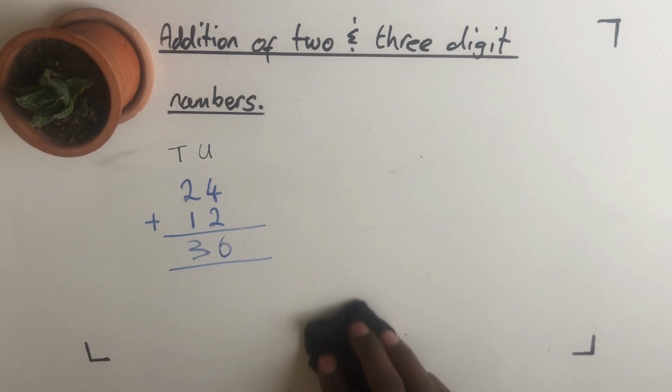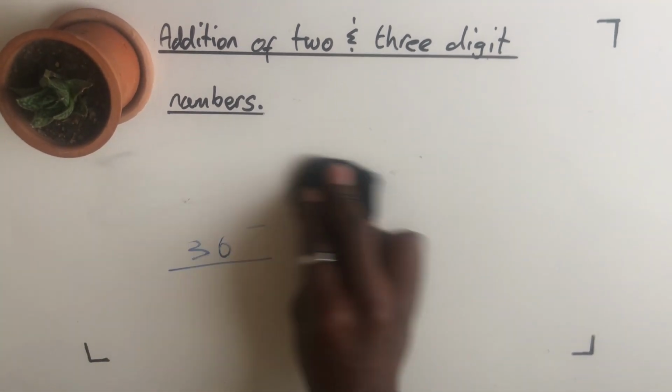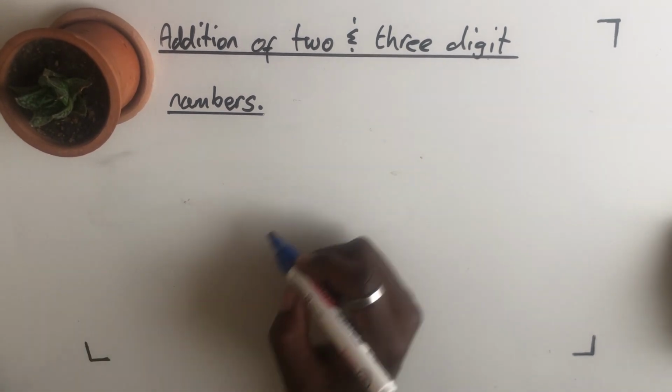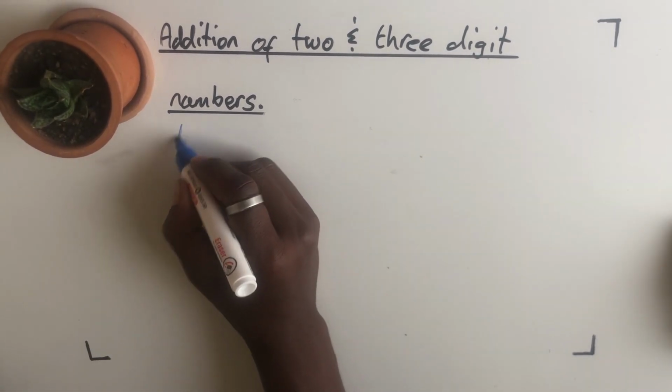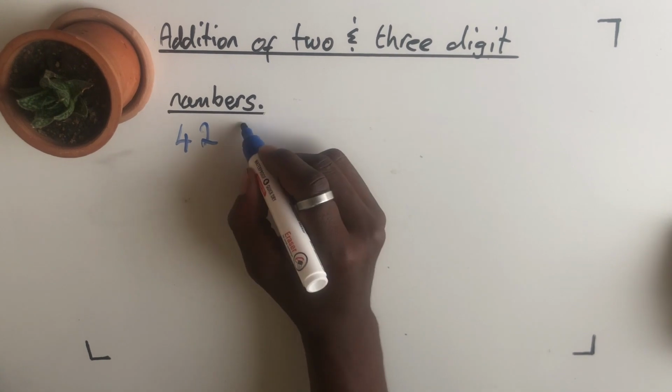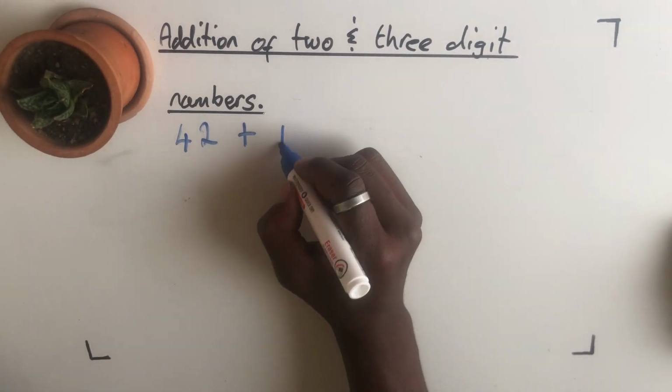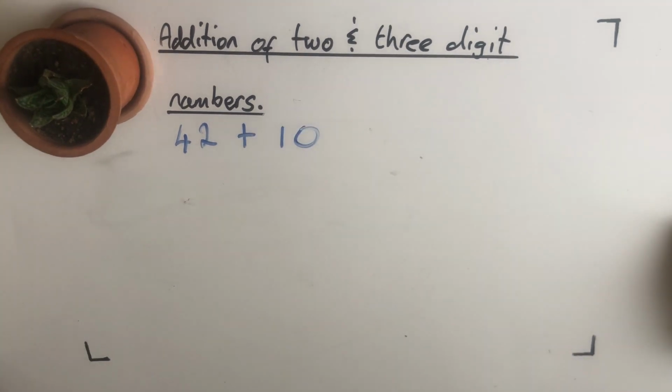Now, let me show you another example where we're adding two two-digit numbers. So let's say we have 42 plus 10. Now, remember that first step I spoke about.